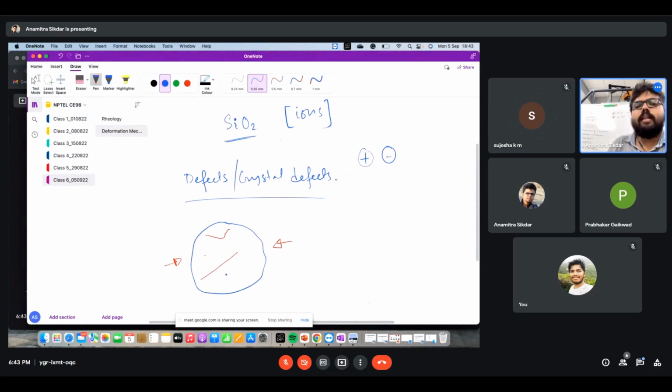The lattice inside the grain will try to reorder itself. As a result, these defects will move. It may move here, it may go there, this one may go there, and this may come there.